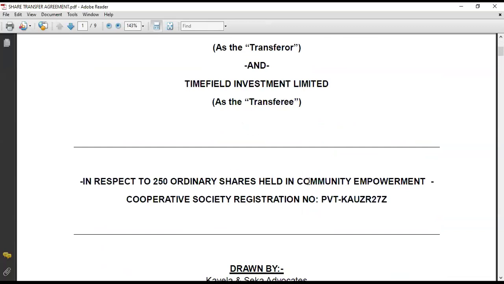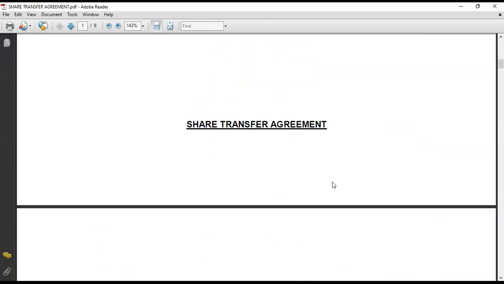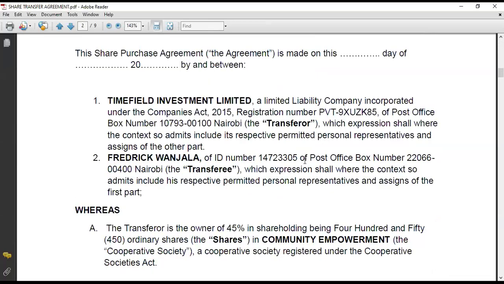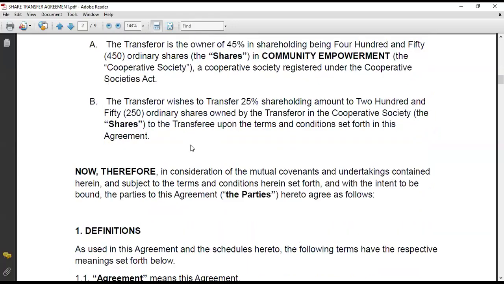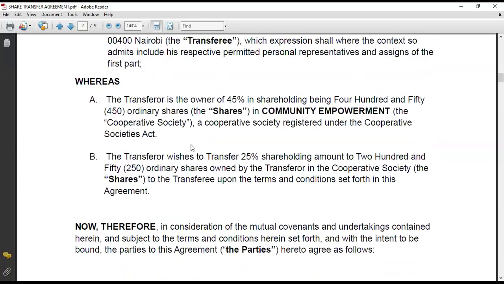So you talk about the parties: the transferor, which is the director, and the transferee, David. You talk about which shares are being transferred.